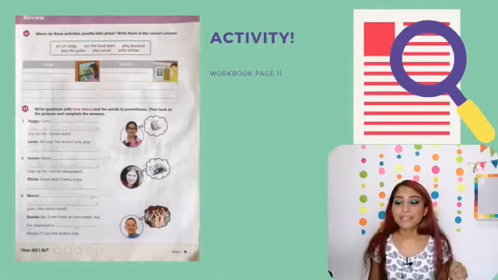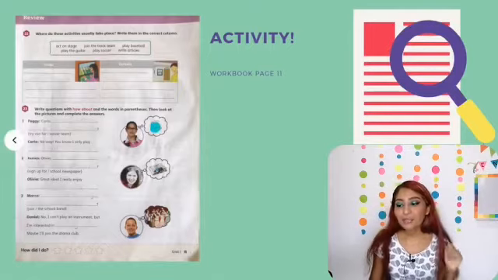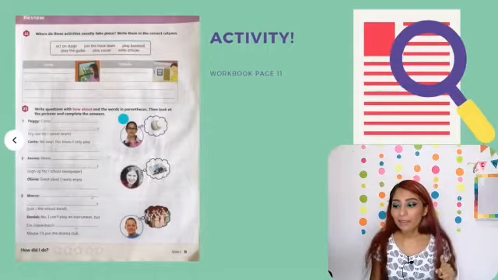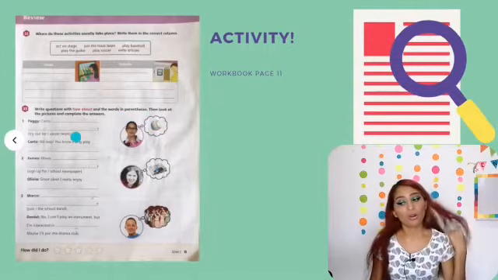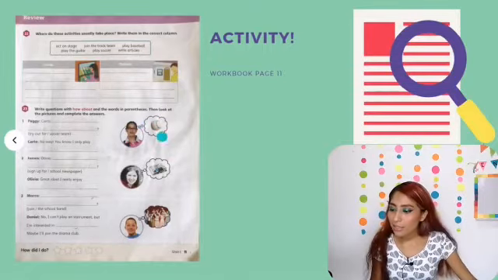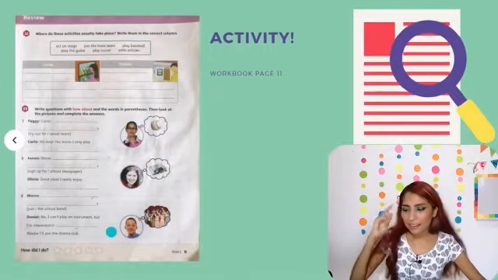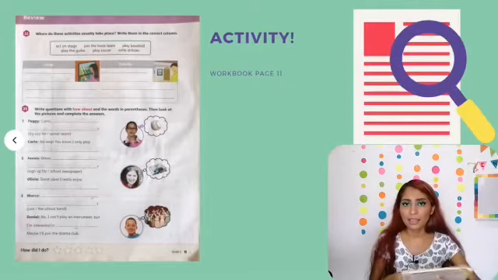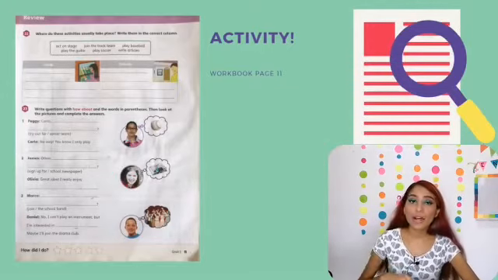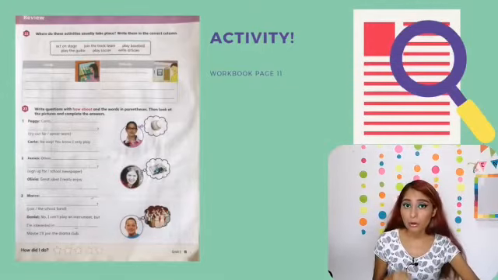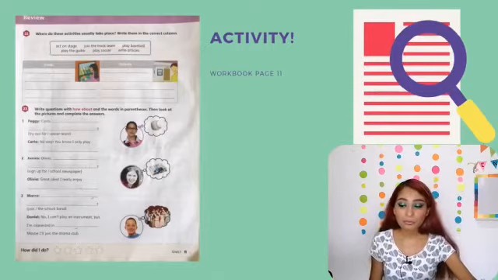So, activity 23 says, write questions with how about and the words in parentheses. Then look at the pictures and complete the answers. Here we can see 3 pictures, and they are imagining they are having an idea. You need to write questions with how about. Remember, your questions need to start with how about.